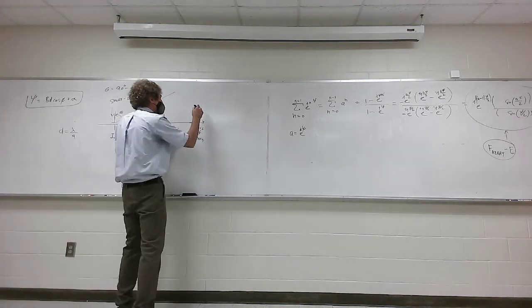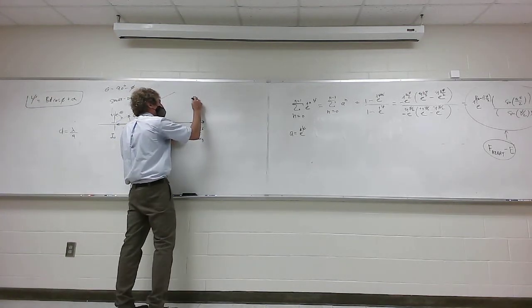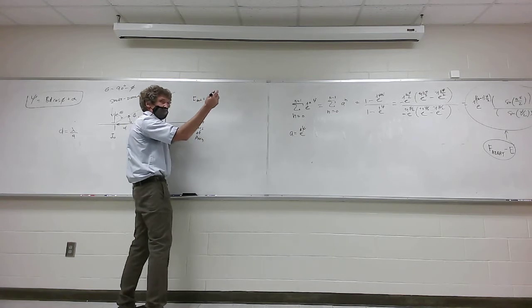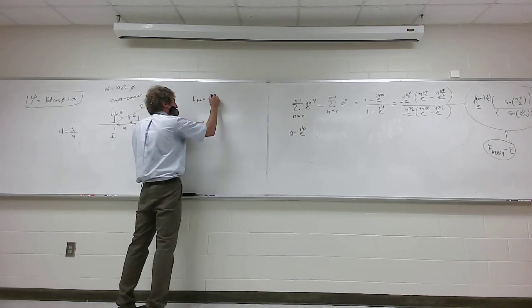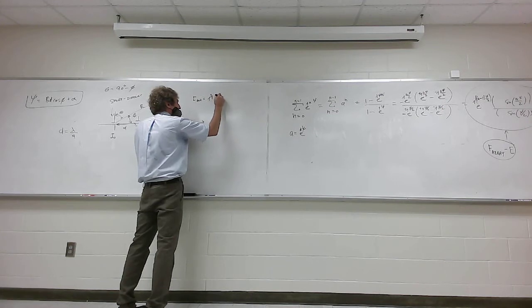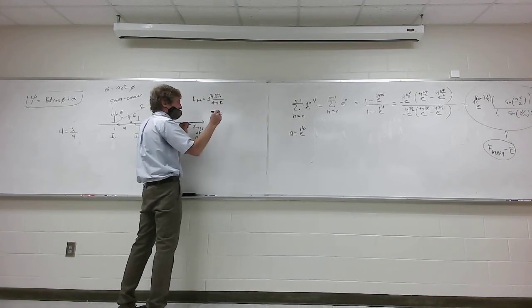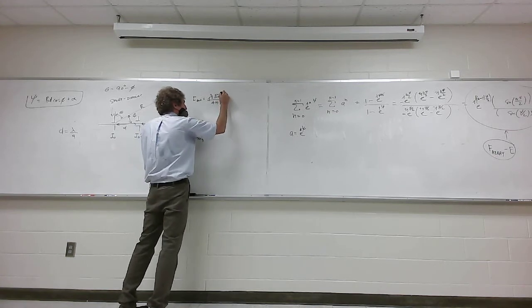Now, when I look at the total E field from that, first I get the E field from the element. That would be j eta beta I naught over 4 pi r, times e to the minus j beta r.